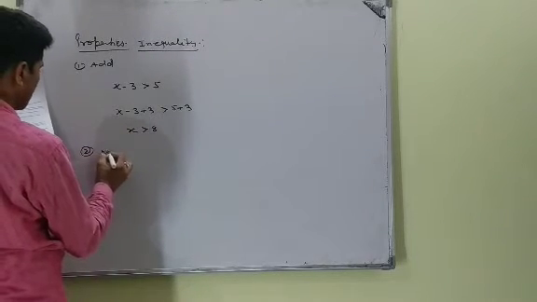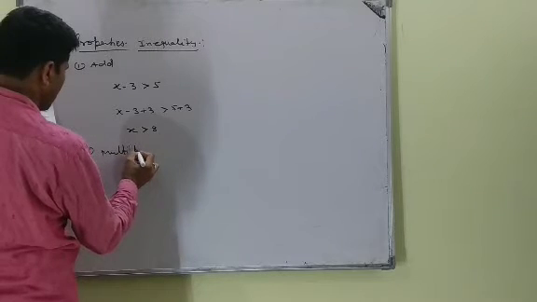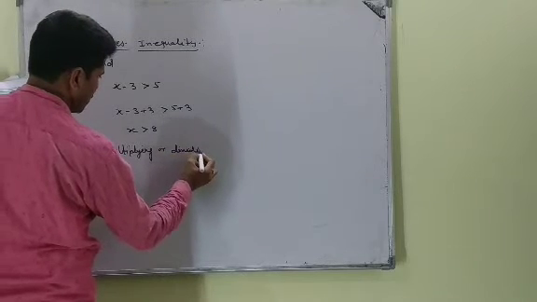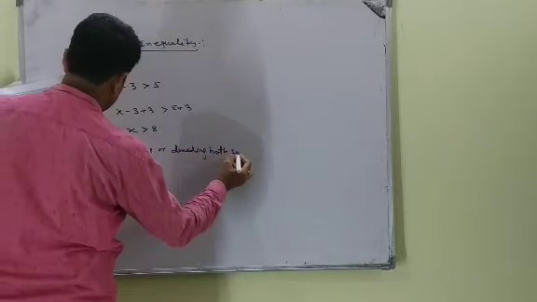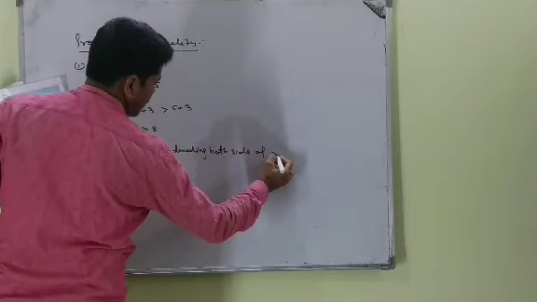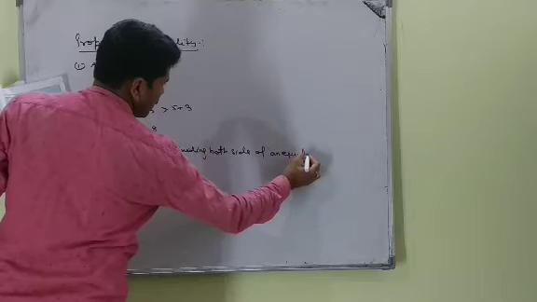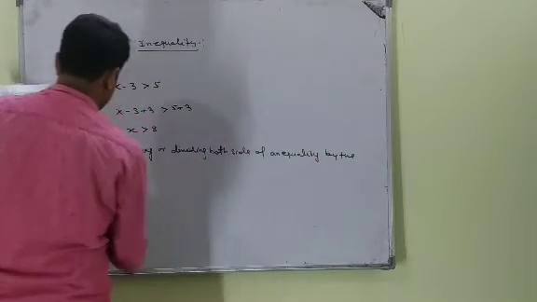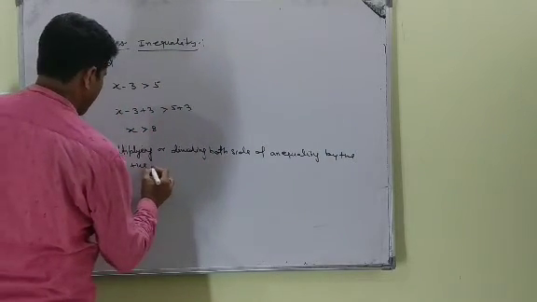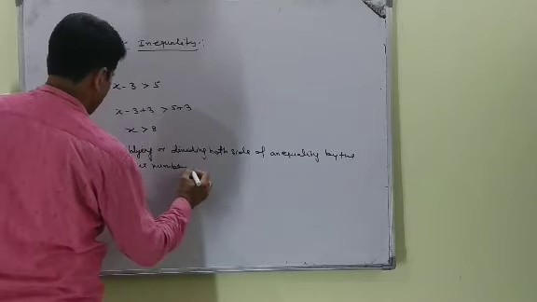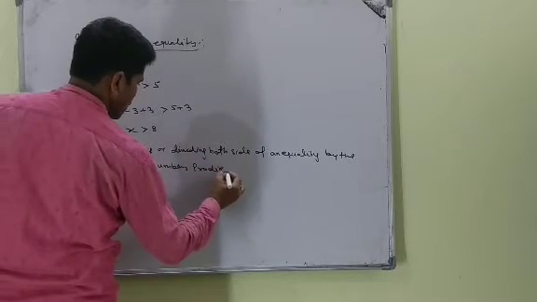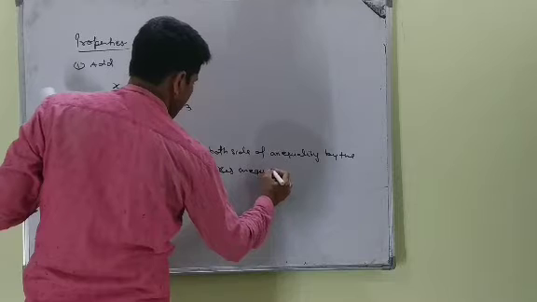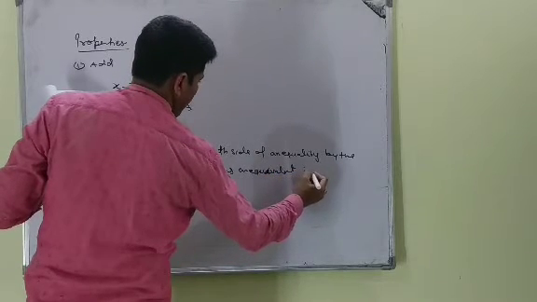Number 2: multiplying or dividing both sides of an inequality by the same positive number produces an equivalent inequality.